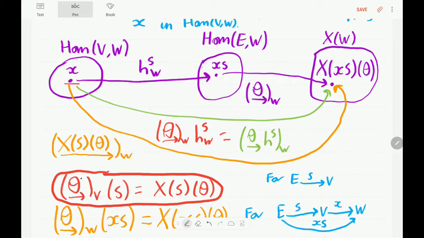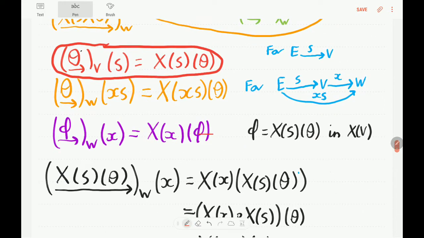So the thing that we're operating on is indeed this element x of Hom V comma W, and the natural transformation we're getting is the natural transformation corresponding to X of S of theta, and we want to do the W component of that on little x. So basically I'm saying we want to compute this result here, shown in purple, when phi is equal to X of S of theta. Okay, so we just substitute this expression for phi into this purple equation here.